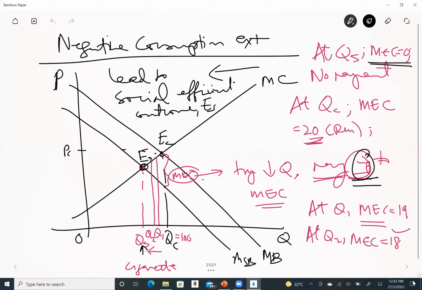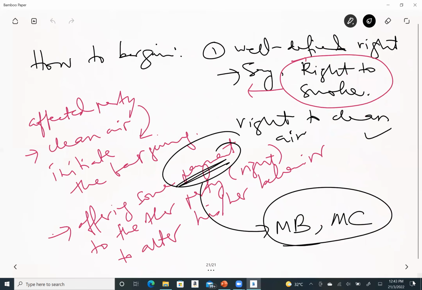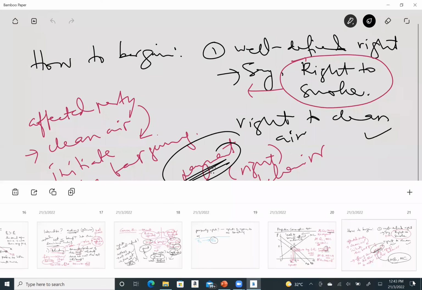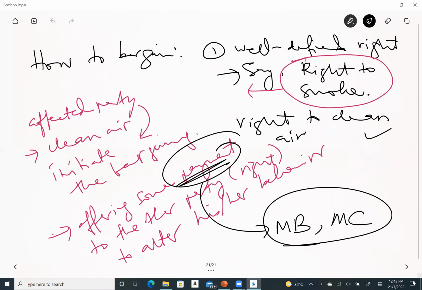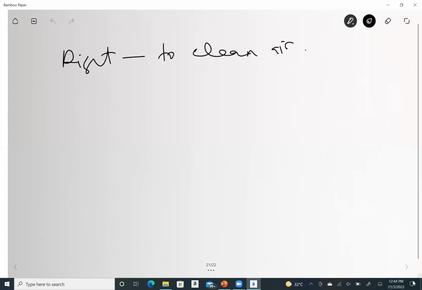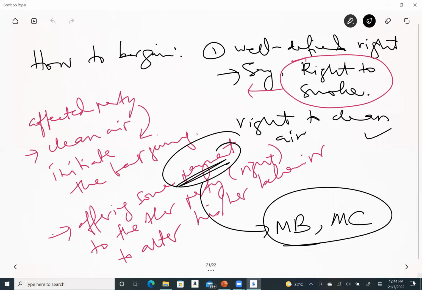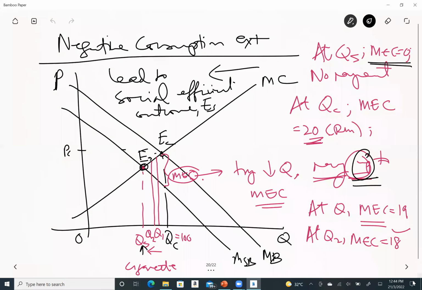Now, suppose we have the other way around also. Let's say the right now is the right to clean air. That means you have the right to clean air. The other person has no right to smoke. So, if you go back to the diagram, who is going to make the payment?